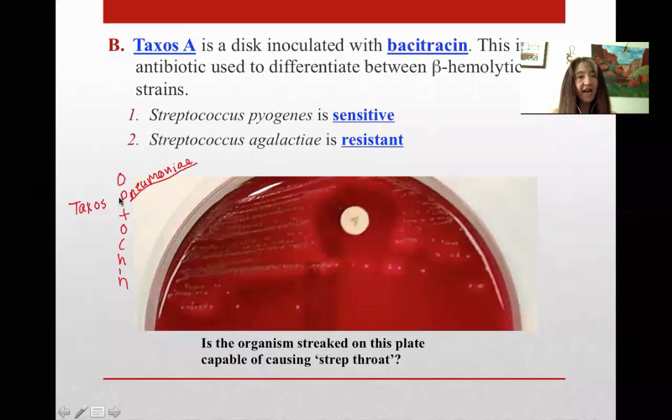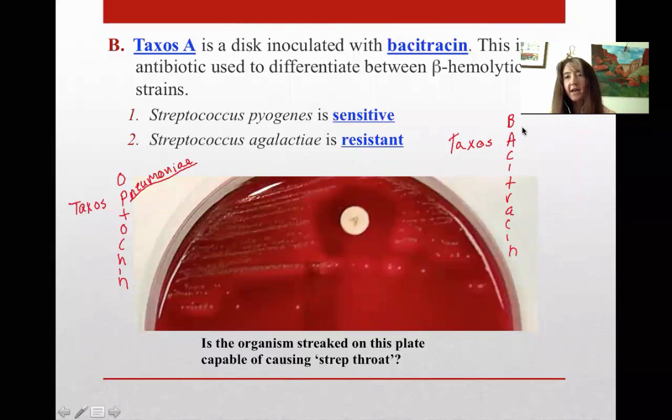Now, the other type of Taxos that we'll be testing with is Taxos A. And Taxos A has bacitracin, and it is definitive for tests amongst the beta hemolytic streps, but explicitly Streptococcus pyogenes is sensitive.